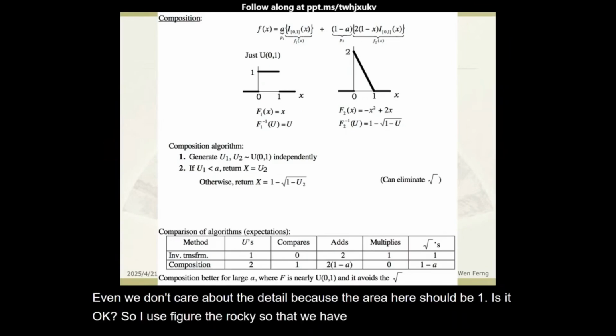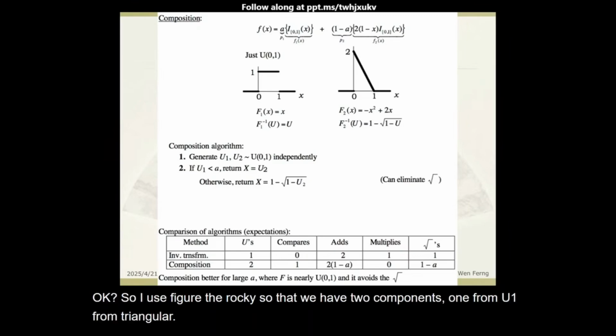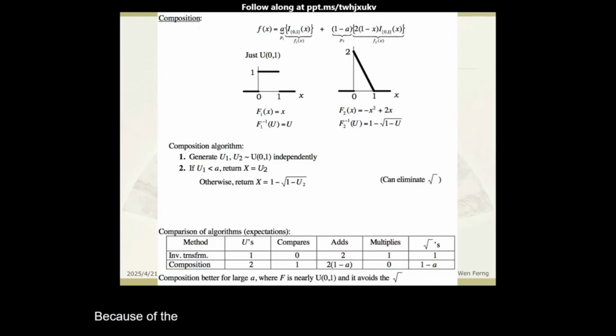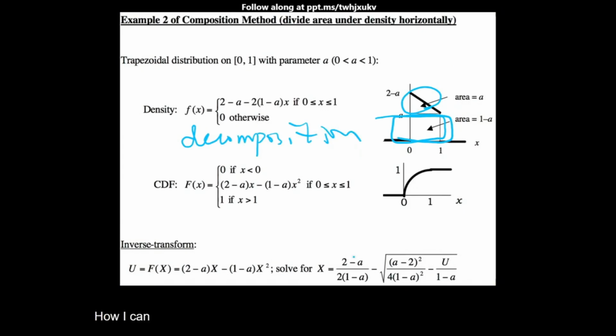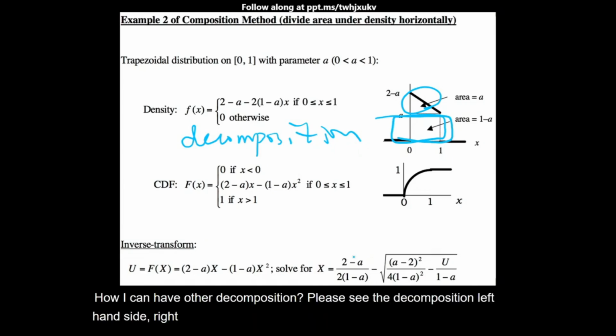One from uniform, one from triangular, because of the current decomposition. I use decomposition. How can I have the decomposition? Previously, the decomposition was left-hand side, right-hand side. Currently, the decomposition is the upper one and the lower one.